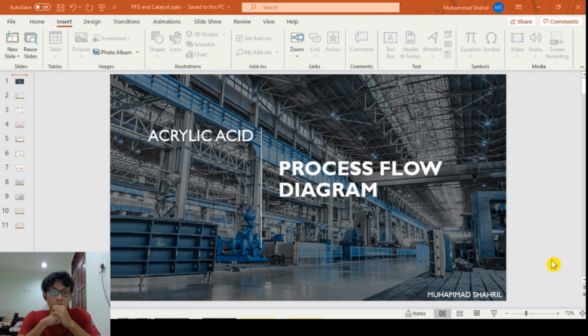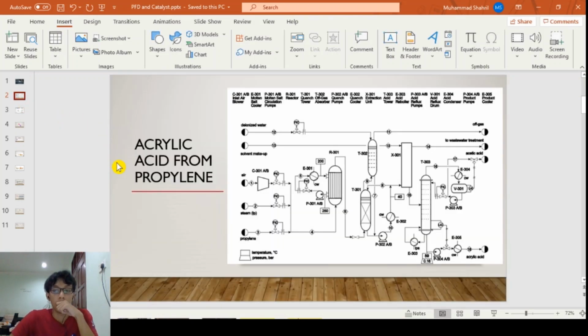Okay, I will proceed to the first thing, which is process description. Basically this is the process flow diagram of acrylic acid, where the raw material is propylene.